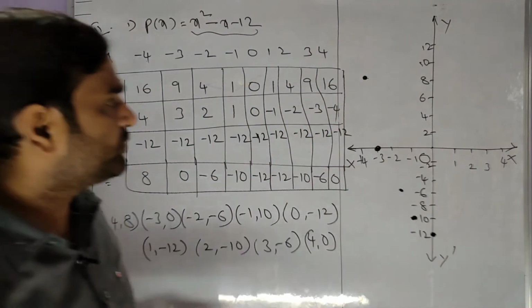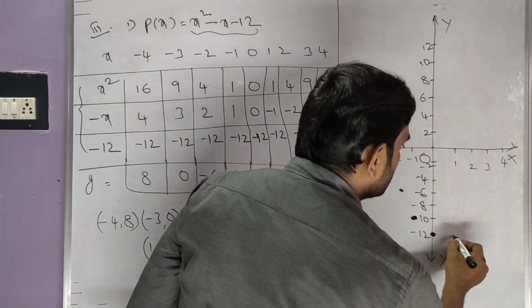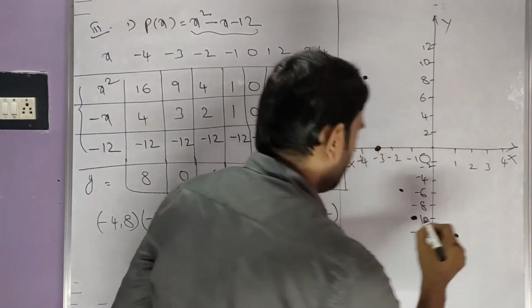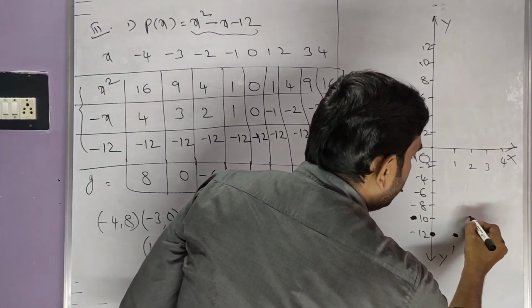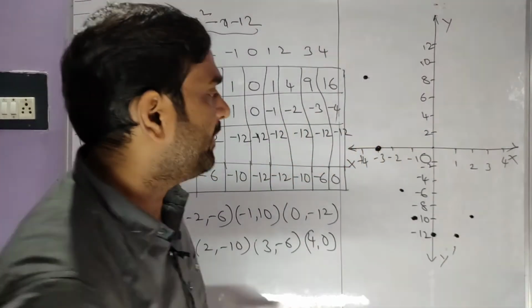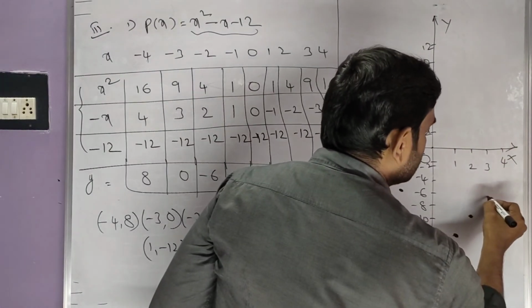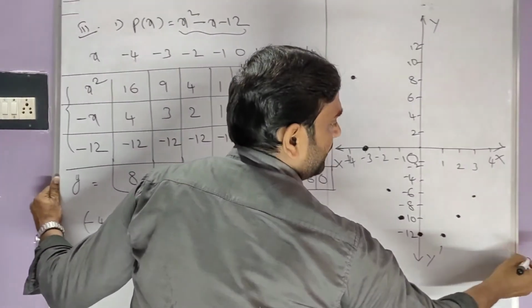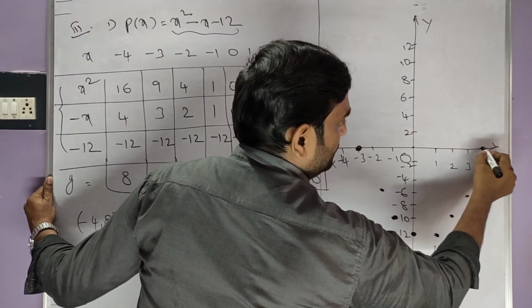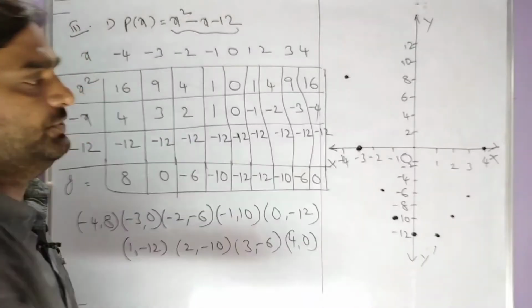And 1, minus 12, again 1 also minus 12. 2, minus 10, the intersecting point here. 3, minus 6. And 4, 0, this one.